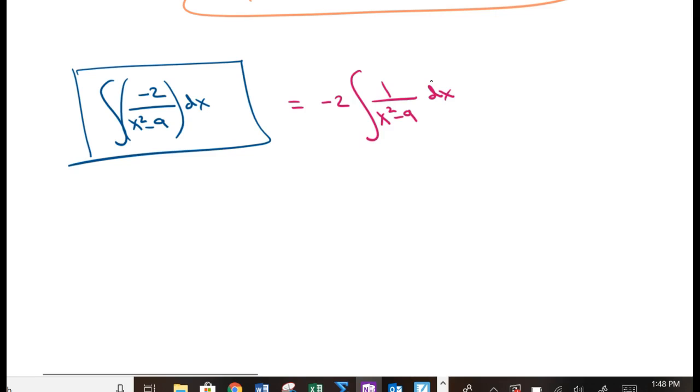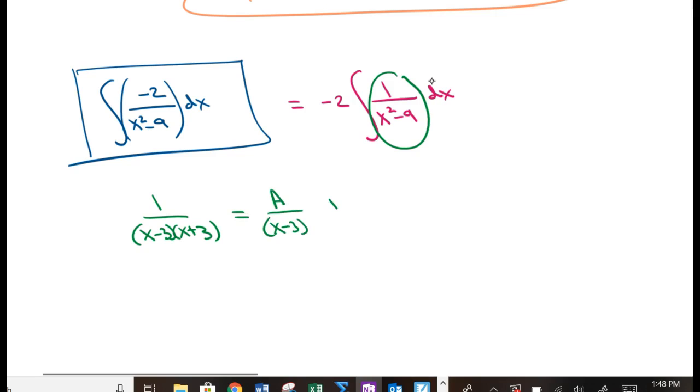So now I'm going to do this one in a slightly different way than I did the top question. I'm just going to decompose that guy. The first thing I'm going to do is recognize that 1 over x squared minus 9 could be written as 1 over x plus 3 times x minus 3. This is equal to some number over x minus 3 plus some number over x plus 3.